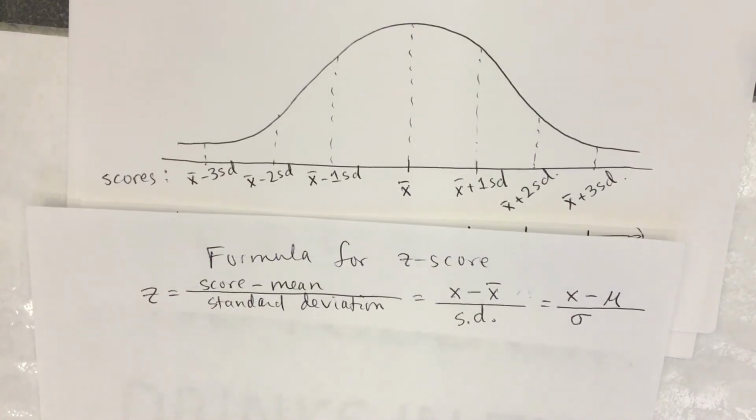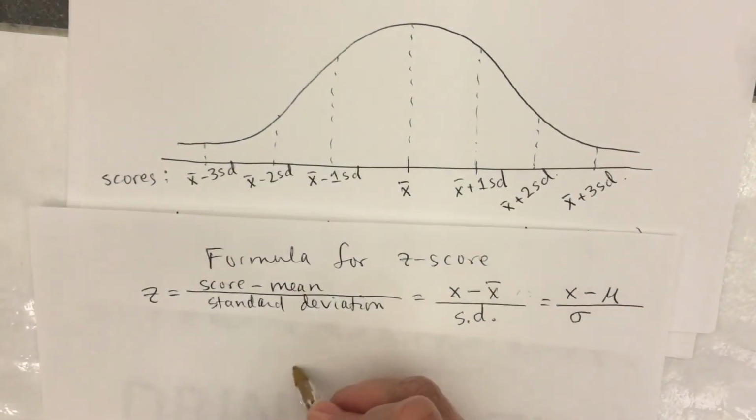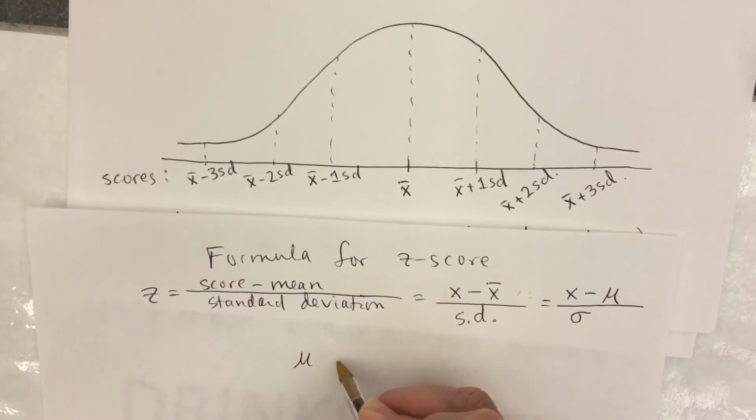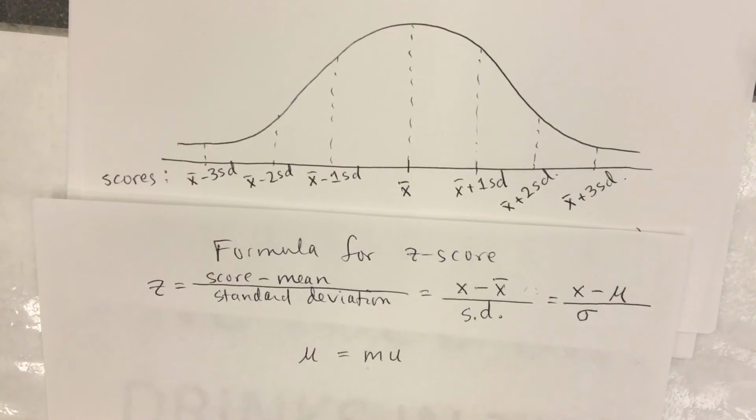I'll tell you what those symbols are, though. We don't read it script U. This is the Greek letter mu, lowercase. That one that I call the sideways 6 is the Greek letter sigma.